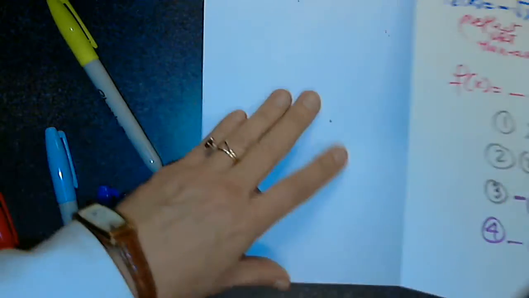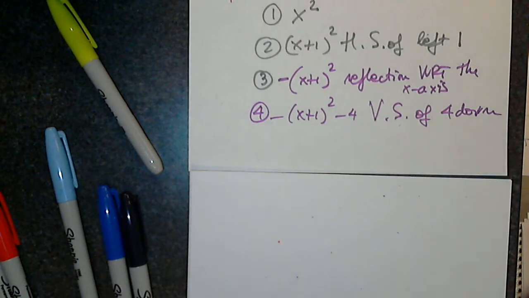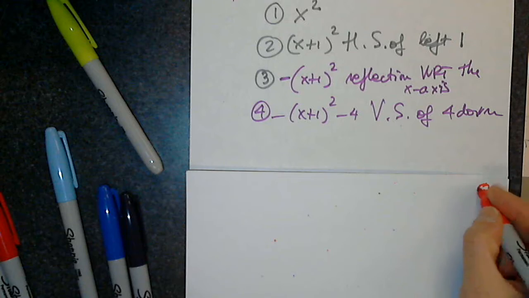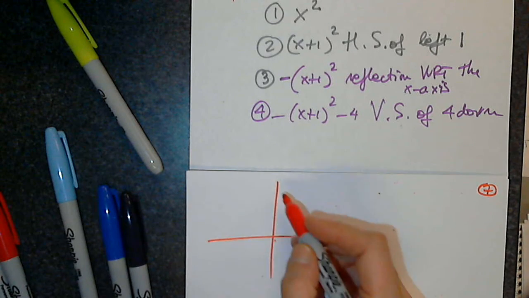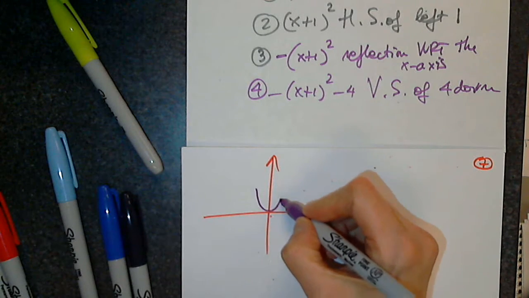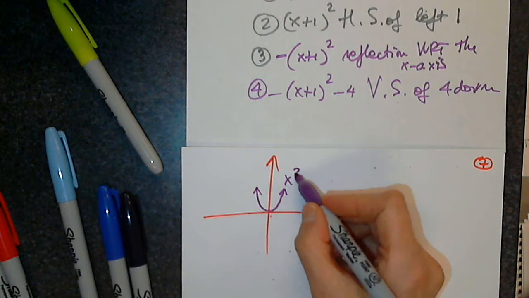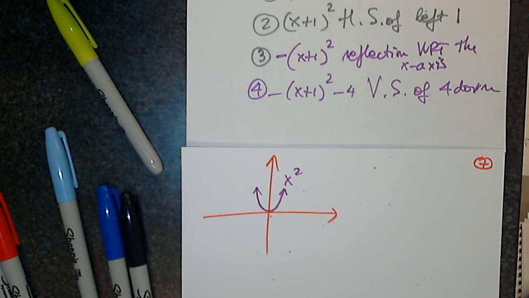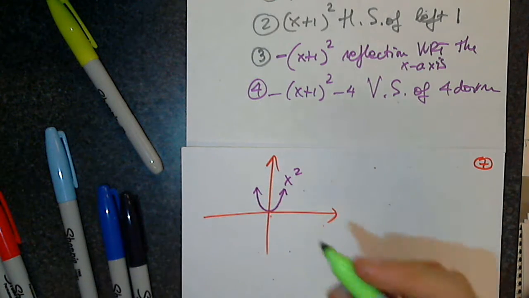Very good. So let's do this. And we can do this now with any of those 7 or 8 functions we listed. Just like that. Okay? So here is x squared. Then you told me to shift it left 1.